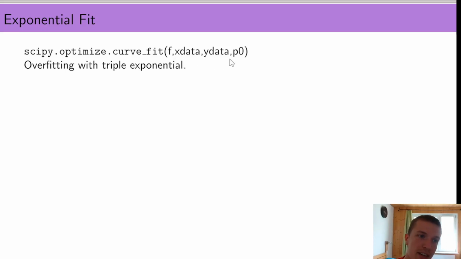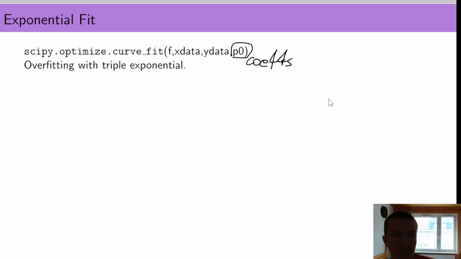You input the data and some approximation to your coefficients and the decay rates, and you will get as an output the parameters, so decay rates and the coefficients.